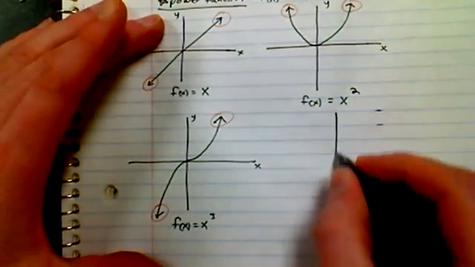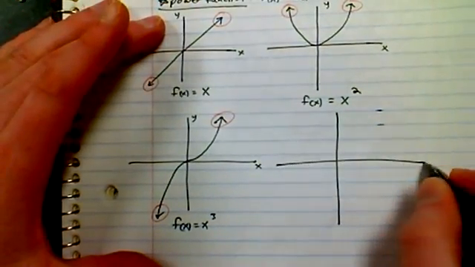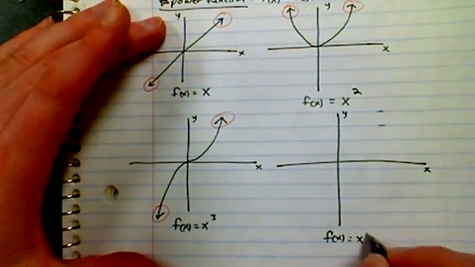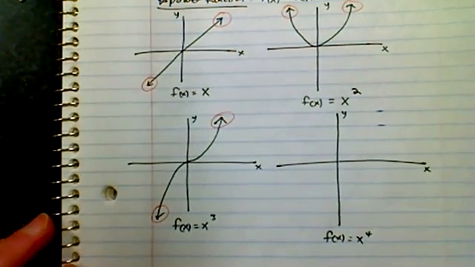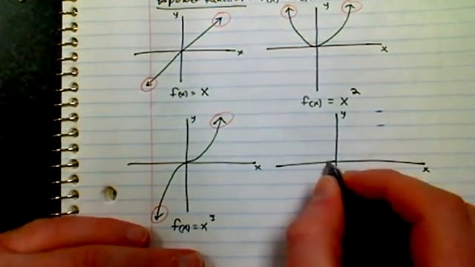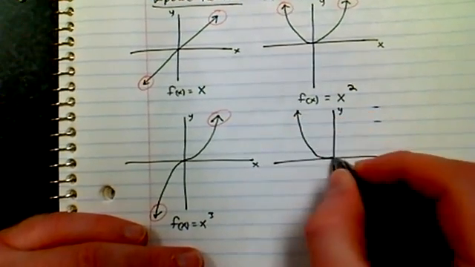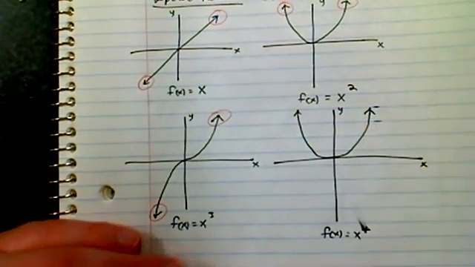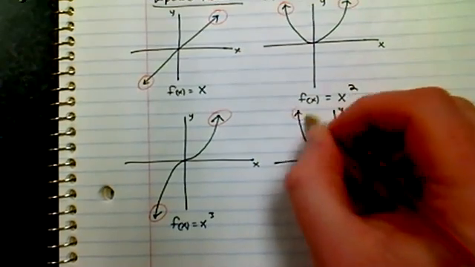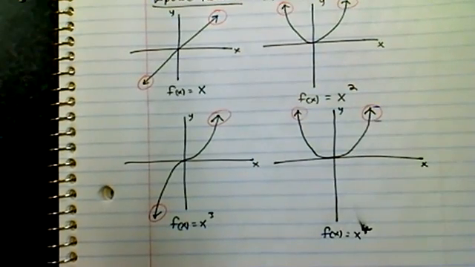And I don't know if you've seen this one before, but this is f of x equals x to the fourth, which does a similar thing as x squared. You can try plugging in some points, but basically it's going up generally faster than x squared. Once again, realize how it begins and how it ends. And I could keep going.